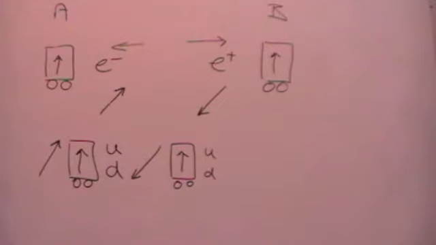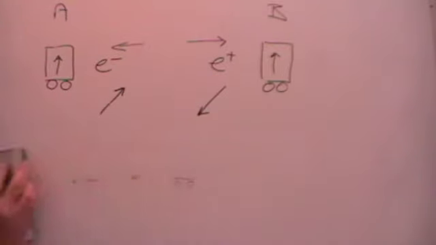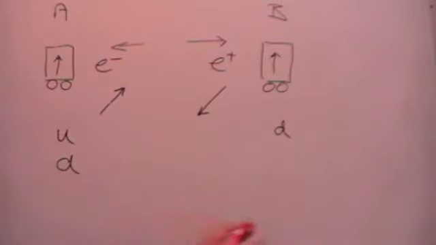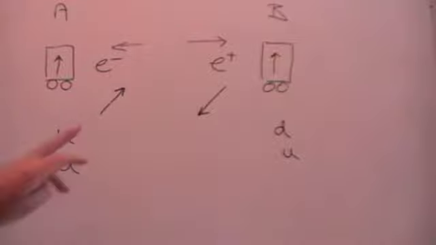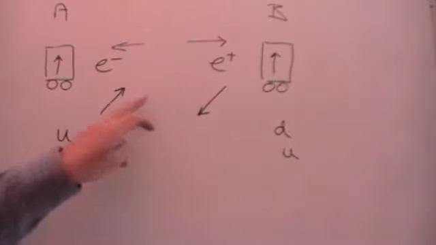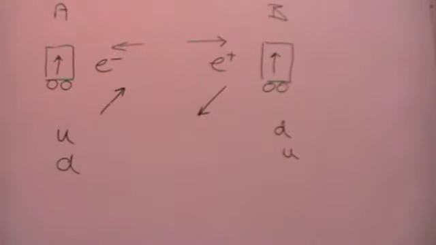But in fact, what is found is that no matter what happens, if Alice measures up, Bob will measure down. And if Alice measures down, Bob will measure up. There is never an occasion where they both measure up or down for those particles.